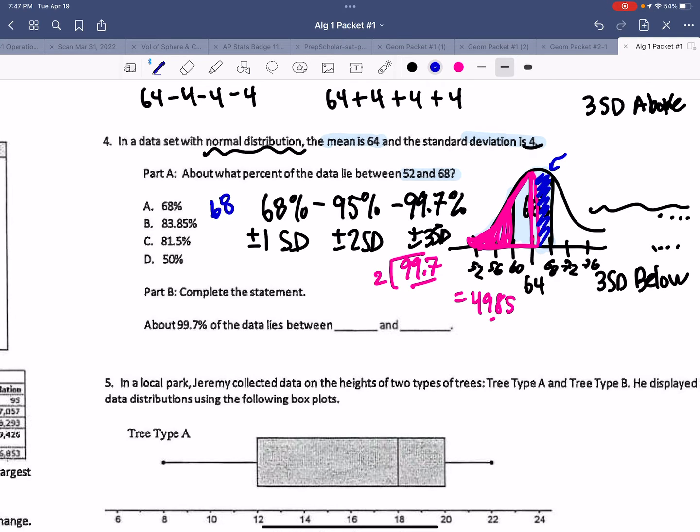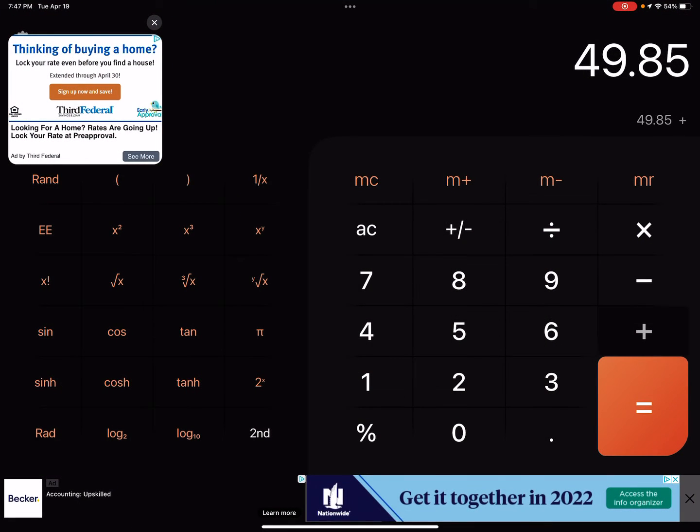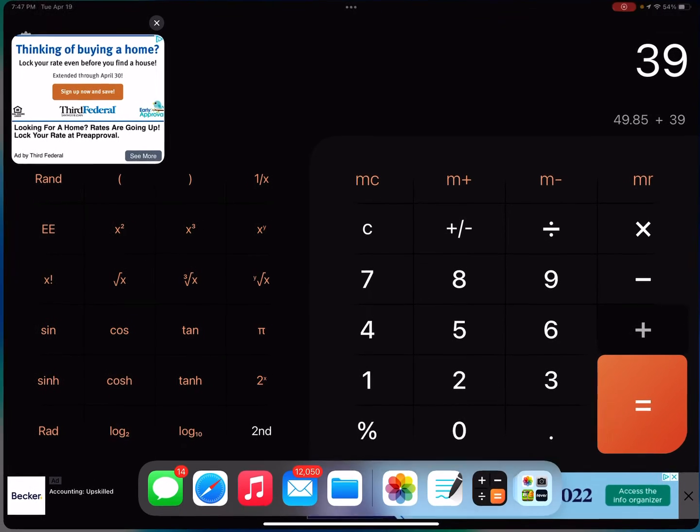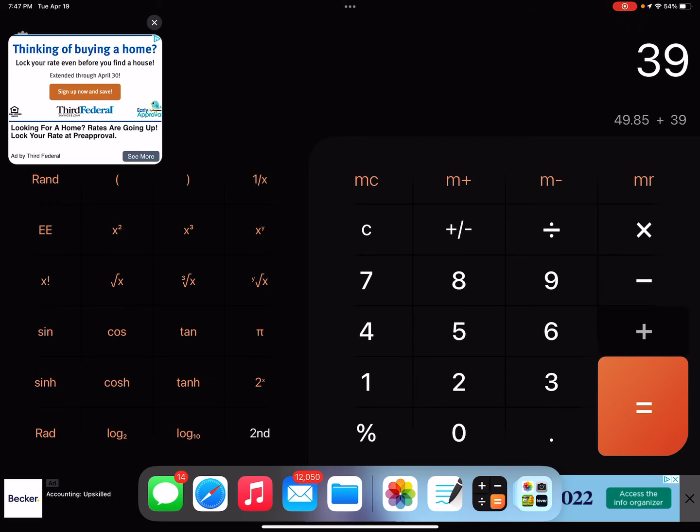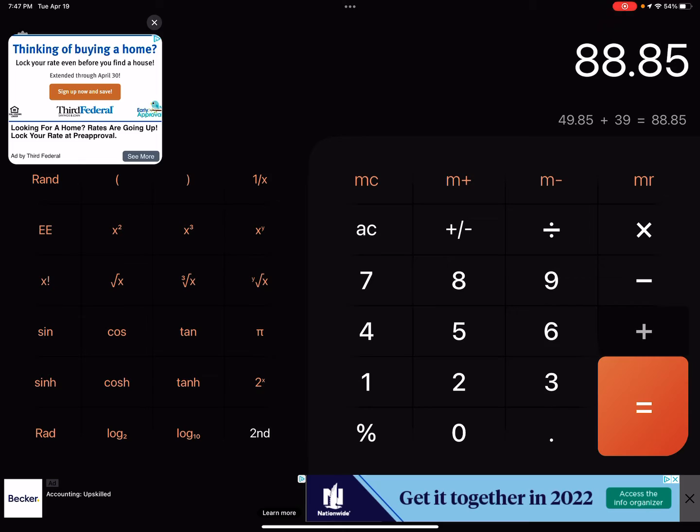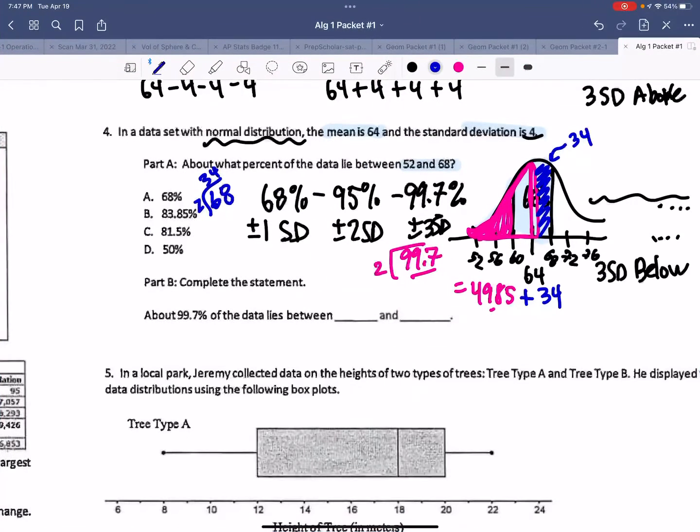So half of 68 is 34. So I need to add 49.85 and 34. Wait, I wanted to add 34 to that. So I accidentally added 5 more. Sorry about that. Okay, so 83.85. There's our answer. 83.85. Nice work.